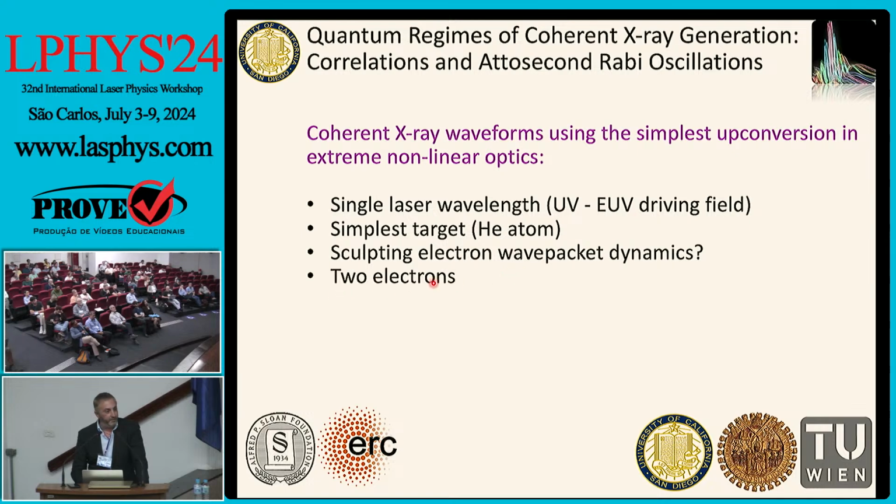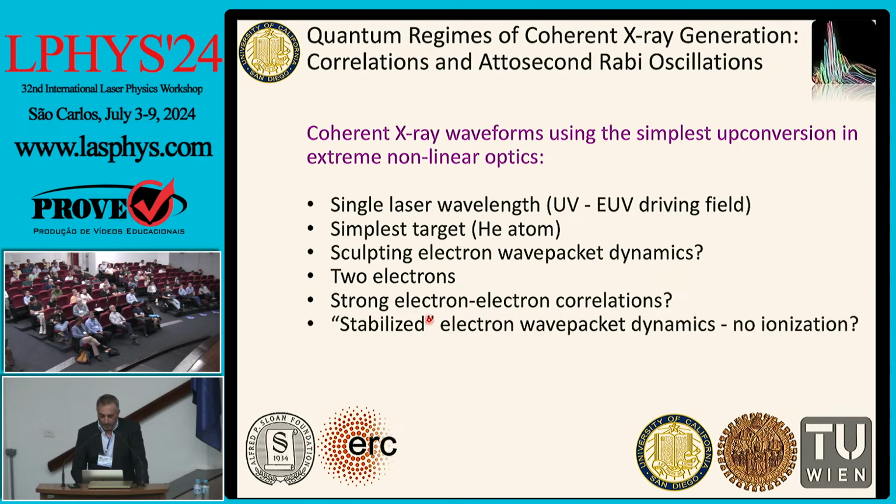So we have 2 active electrons in helium, and there is also strong electron correlation between the electrons. On top of this, there is a question that we were asking ourselves: can we stabilize the electron wave packet dynamics? In other words, can we avoid the wave packet moving away from the parent ions such that this would not terminate the emission of high harmonics? So in other words, can we avoid strong ionization?